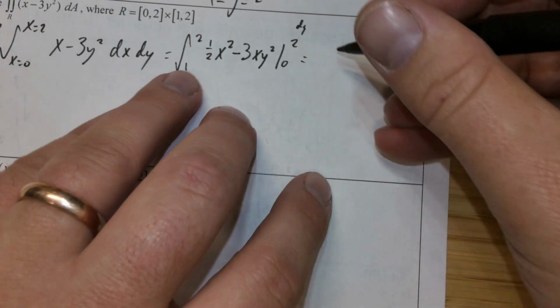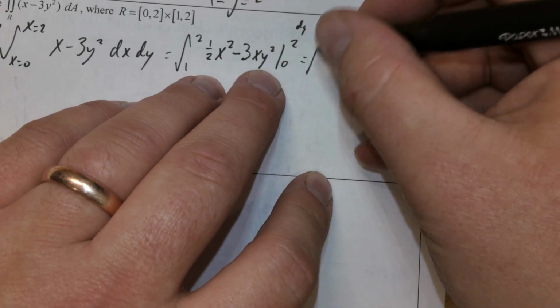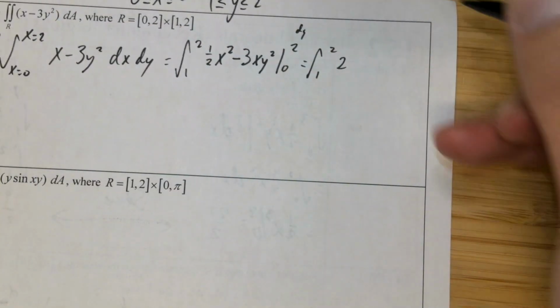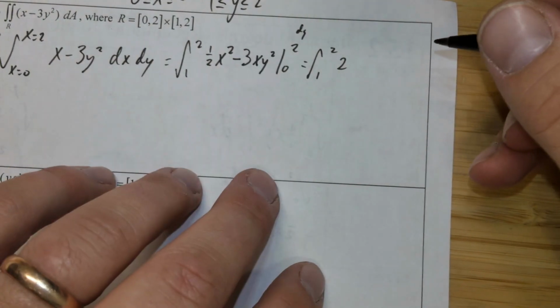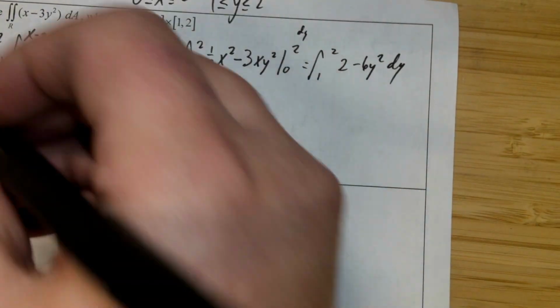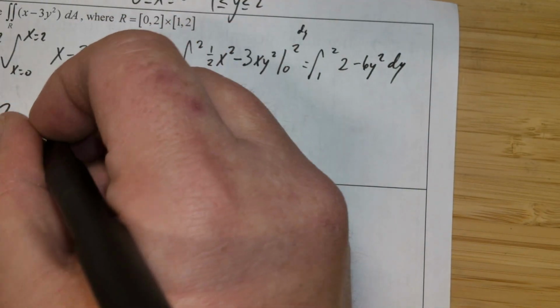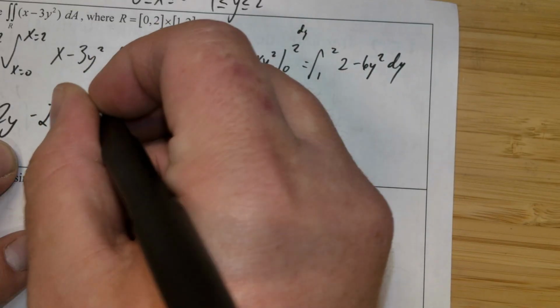dy somewhere in here. It's going to be 4, that's going to be 2 minus 6y squared dy. And again, that's an easy integral in itself. 2y minus 2y cubed from 1 to 2.